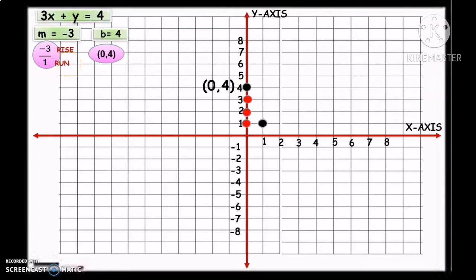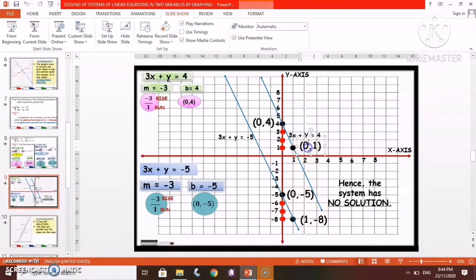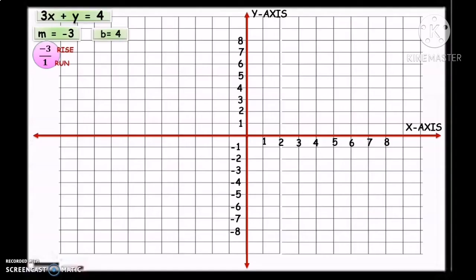Yan, and plot. So, name natin yung coordinate. It will be 1 and 1. And then, connect.